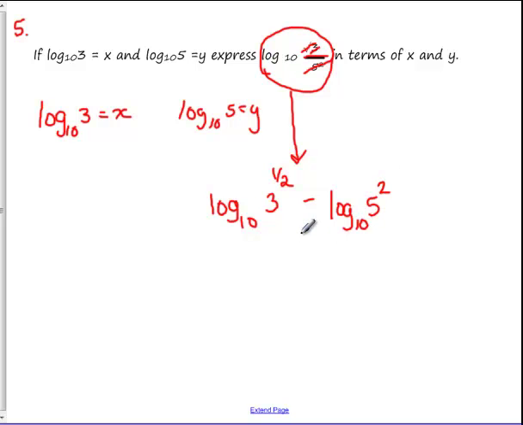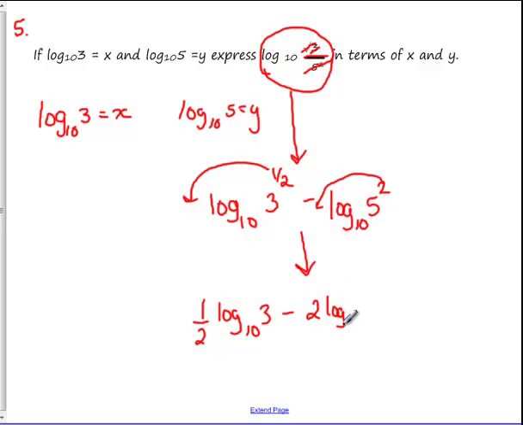Now we still have to rewrite that because John Napier doesn't allow us to have exponents. And exponents fall down in front. So when I write this, it's 1/2 log base 10 of 3 minus 2, this exponent falls down in front, log base 10 of 5.